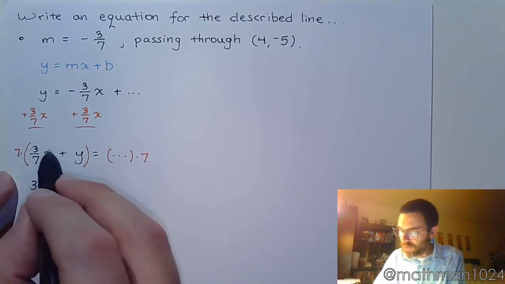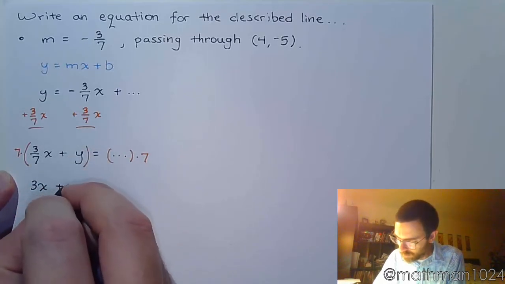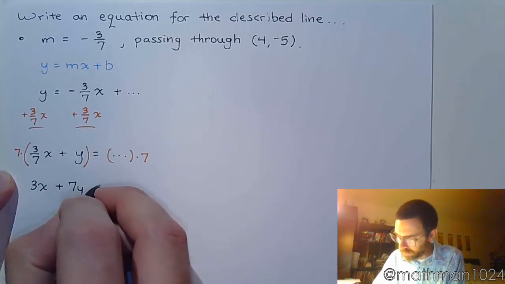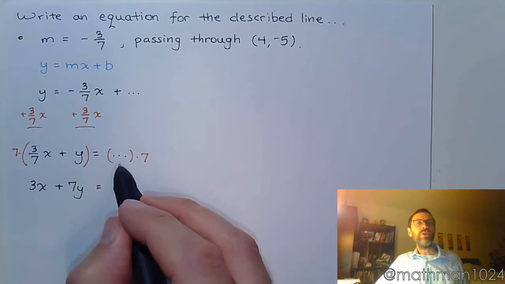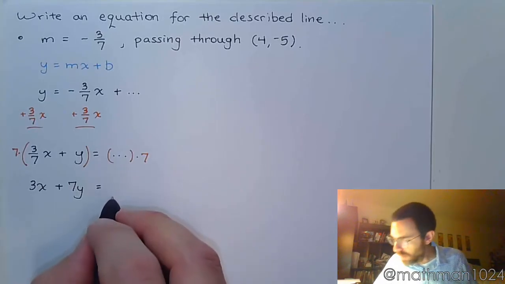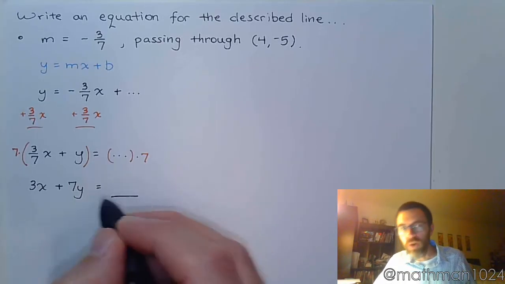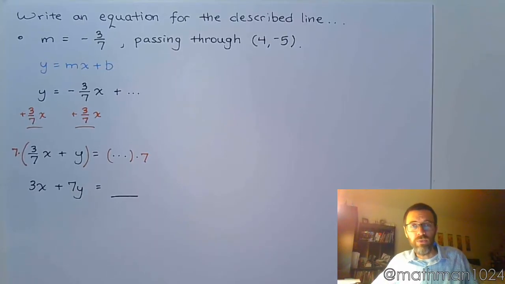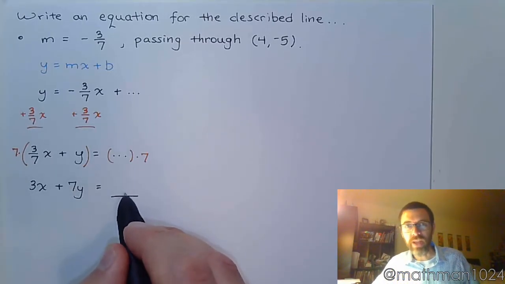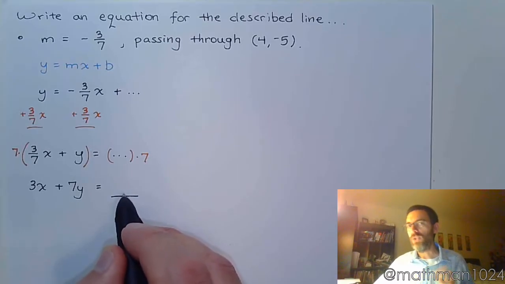When the 7 distributes to the y, we get 7y. 7 times something that's unknown is still going to be unknown. But now I'm ready to figure out what that unknown value is. Yes, I multiplied times 7, but we're not going to worry about that. We're going into standard form, and the number we get right here is going to be completing the standard form. It's not going to be completing the slope-intercept form. There is a distinction there.